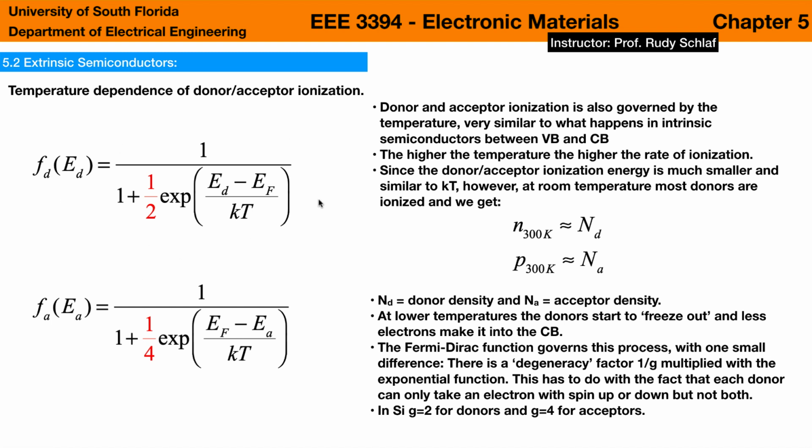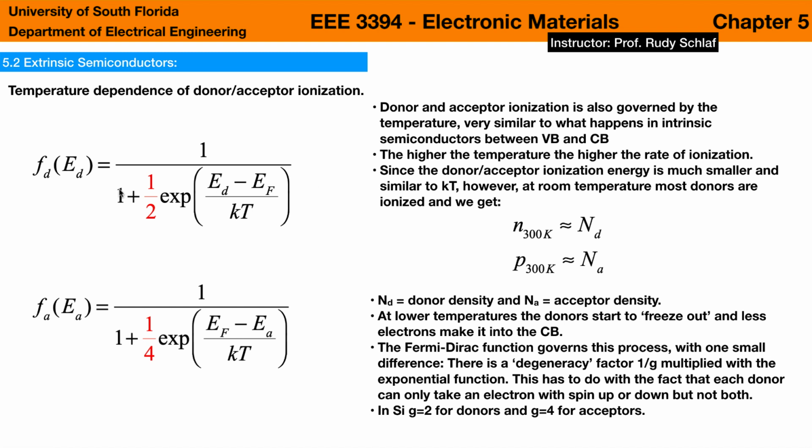They look very similar to the Fermi-Dirac function, but they have these factors here before the exponential function. And these factors come from the fact that here we have now isolated atoms within the crystal. So that means that the states are not states in a band, but rather atomic states that need to be populated with a certain electron spin.